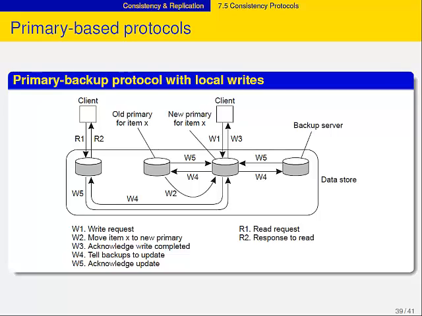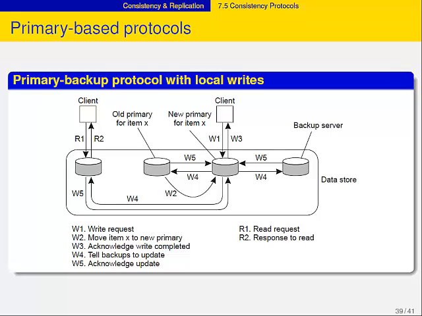And there's a hidden assumption here: if you're going to do a write once, you'll probably want to do more. So you get the most recent version of the data, and you can do your write operations, and concurrently with your write operations, the backups will be updated.